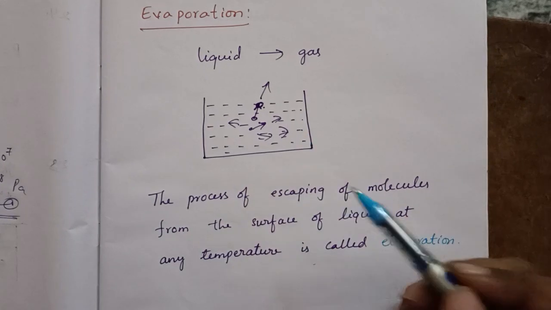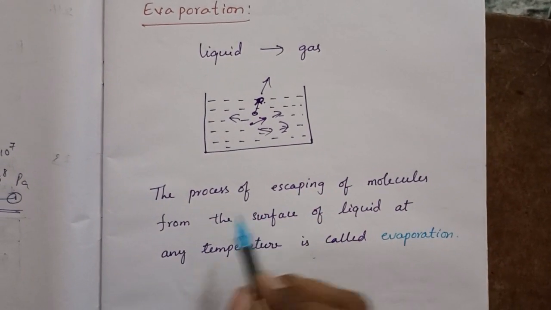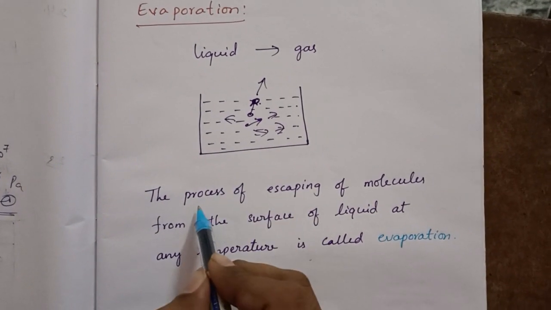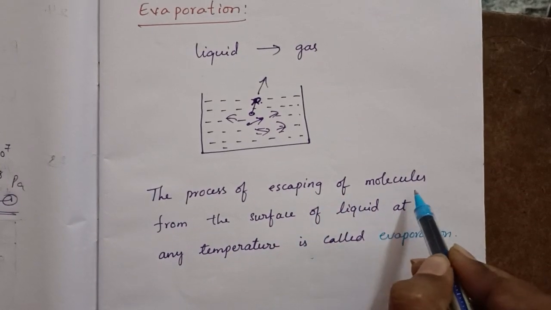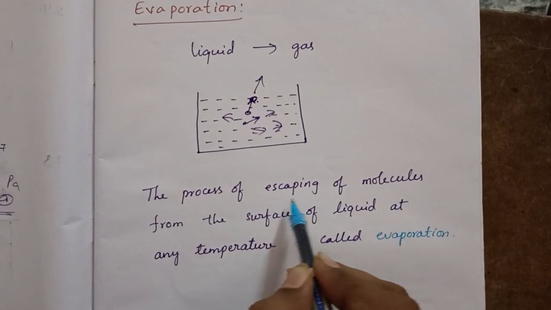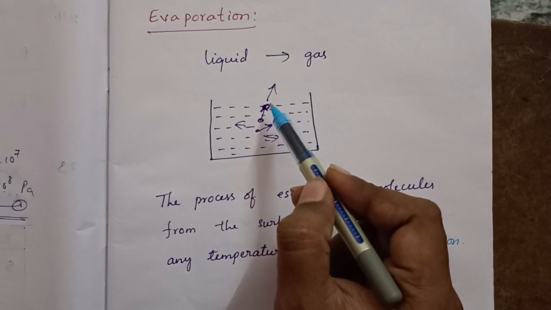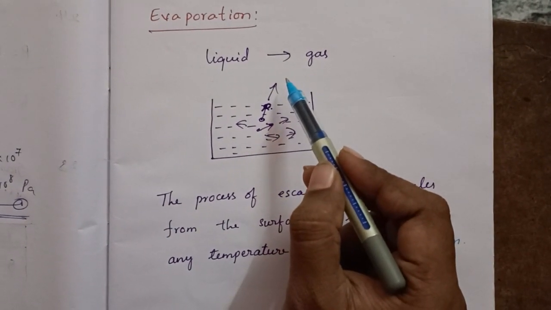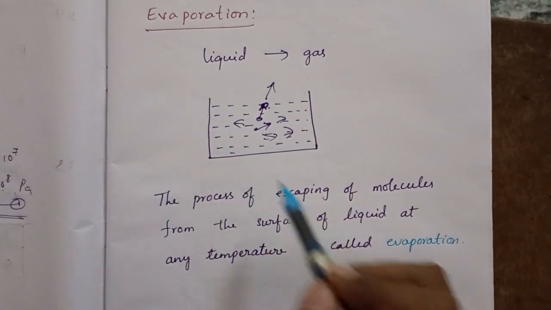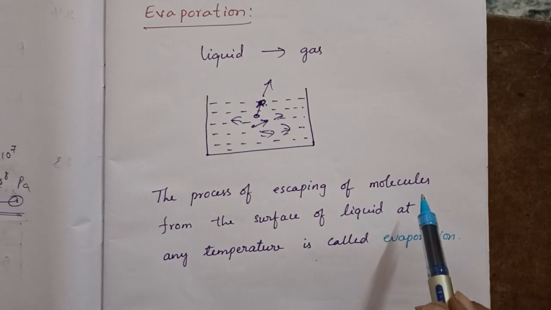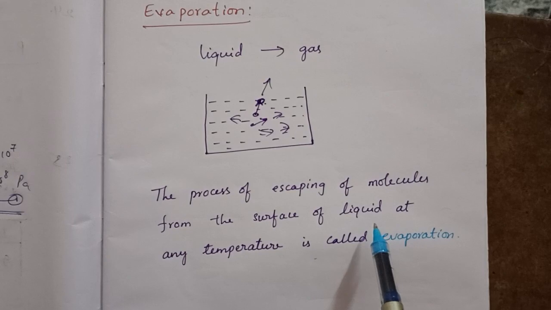Now by this we can define evaporation: the process of escaping of molecules. Whenever a molecule gets extra energy, it flies off from the surface of the liquid.